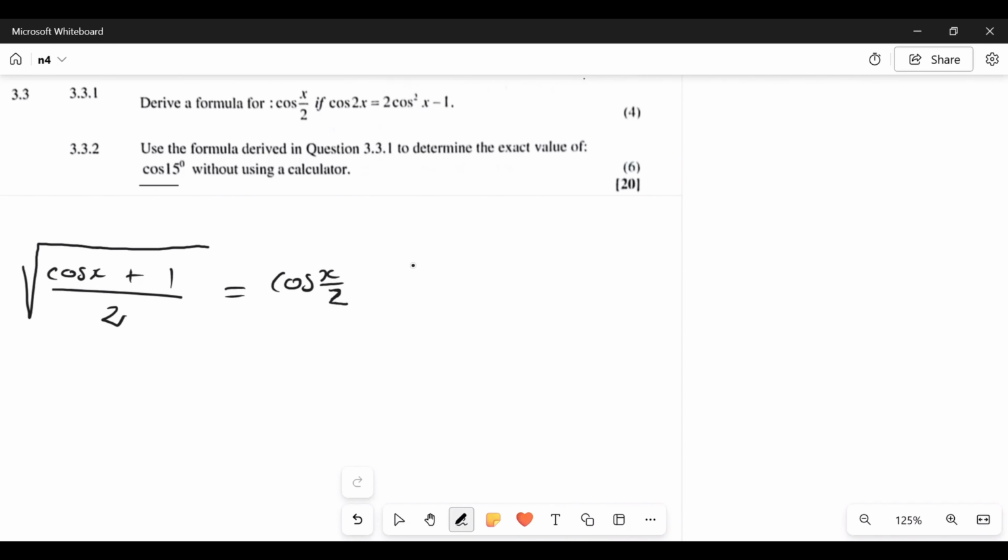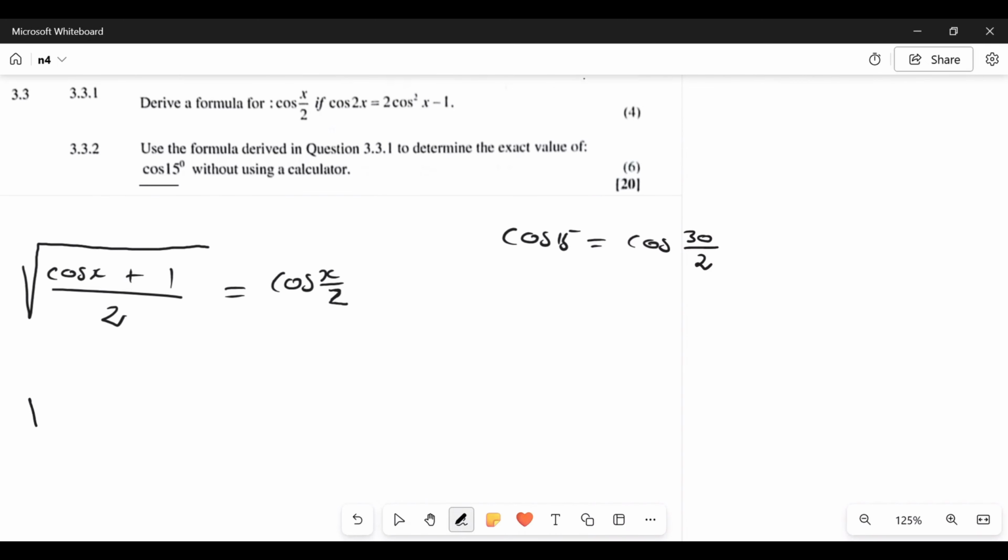So this is how you're supposed to do it, people. Remember, we have cos 15 there. So we know that we can write cos 15 degrees as cos 30 degrees divided by 2. Wherever there is x, we can put 30 there. So let's do it.